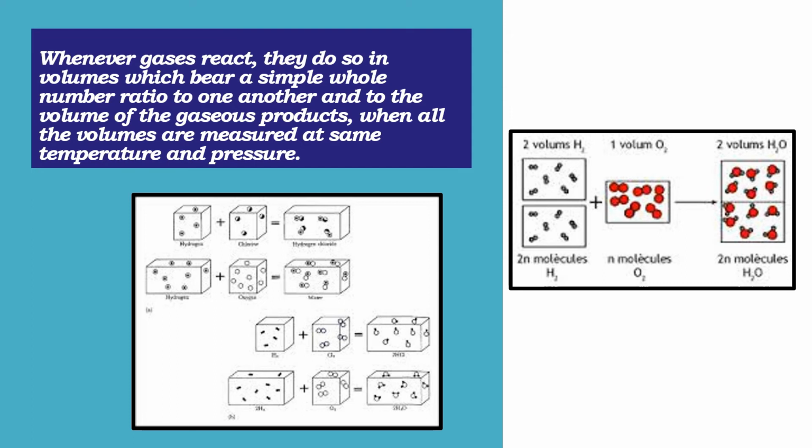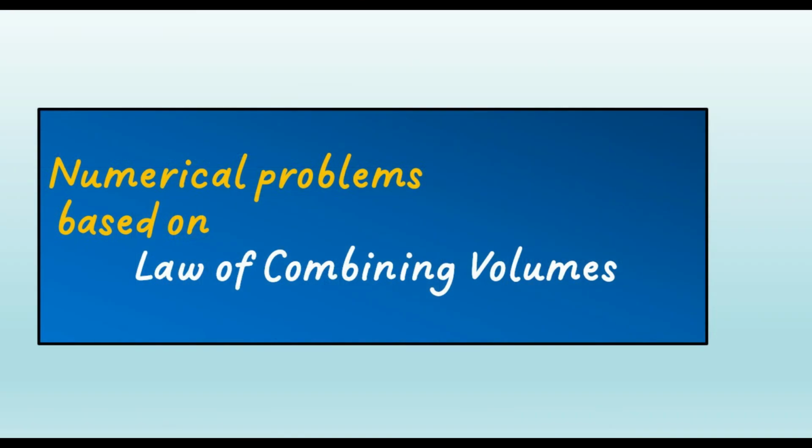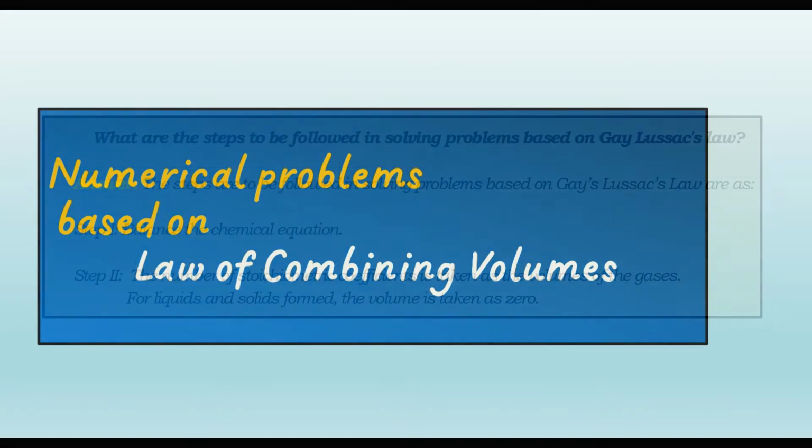Let's take some examples. One volume of hydrogen and one volume of chlorine combine to form 2 volumes of hydrogen chloride. Similarly, 2 volumes of hydrogen and 1 volume of oxygen will form water if the product is in the gaseous state.